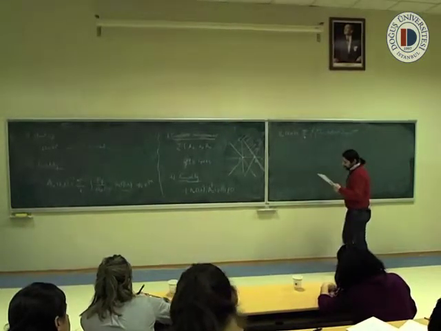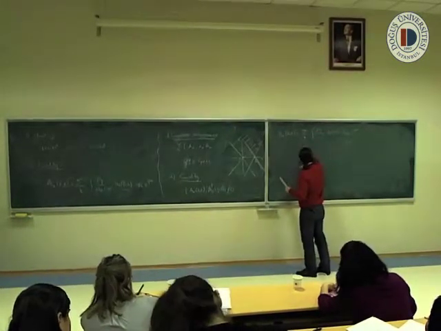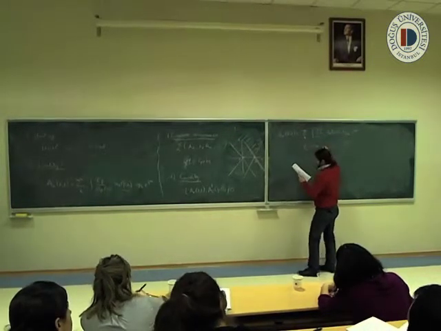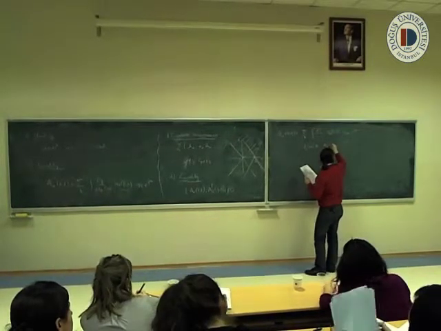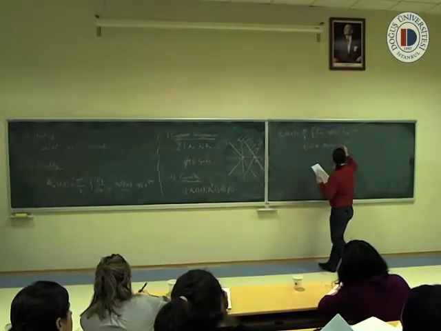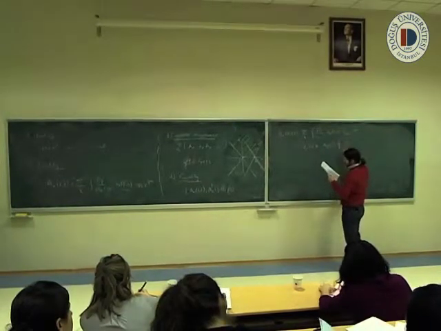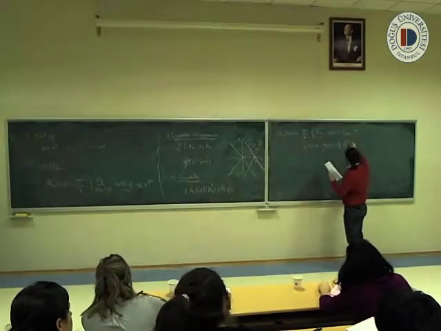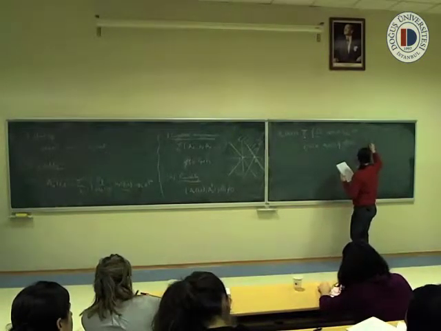So what I can do is define a field as the sum of a alpha of x and a phase times b of x.